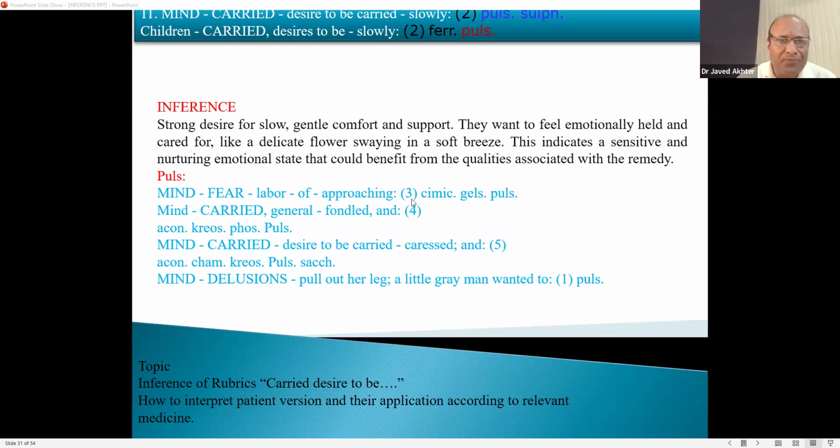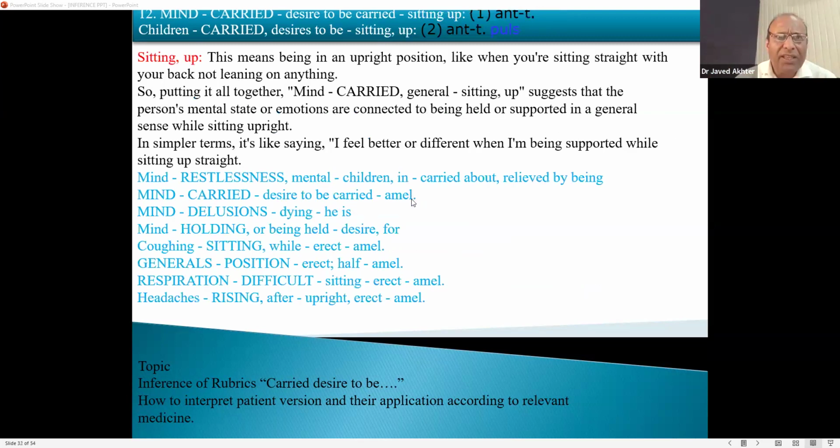Another is the rubric sitting up, carried desire to be carried up. And in children there is another, Antimonium tartaricum, and Pastella in children. Why sitting up? It means being in an upright position, sitting straight with your back not leaning on anything.